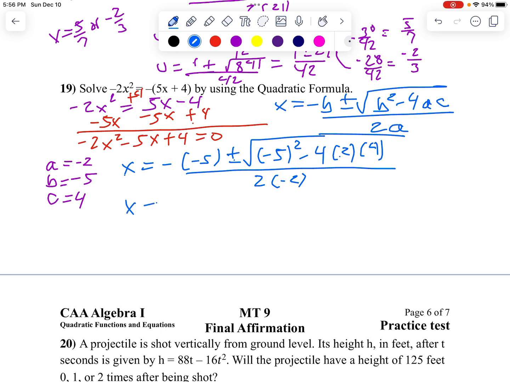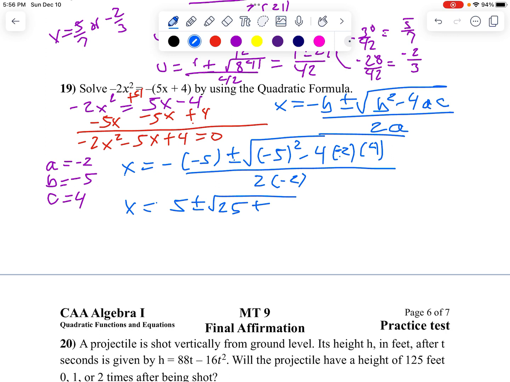Simplify that some more. The opposite of negative 5 is 5 plus or minus. Negative 5 squared is 25. A negative, my negative 2 didn't show up very well, but we get plus. A negative times a negative is a positive.